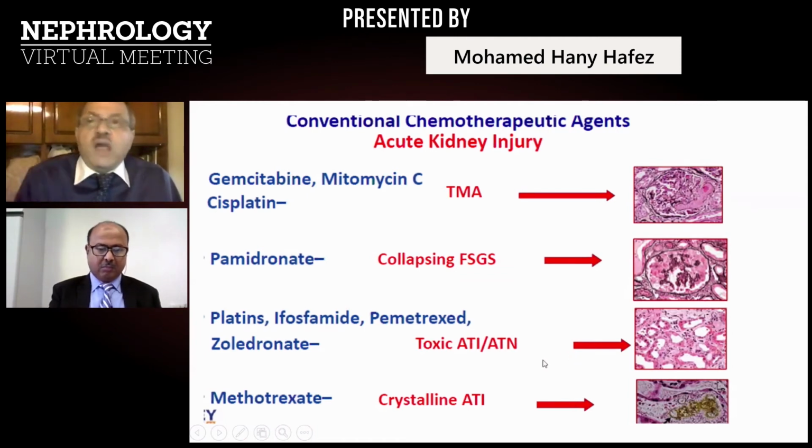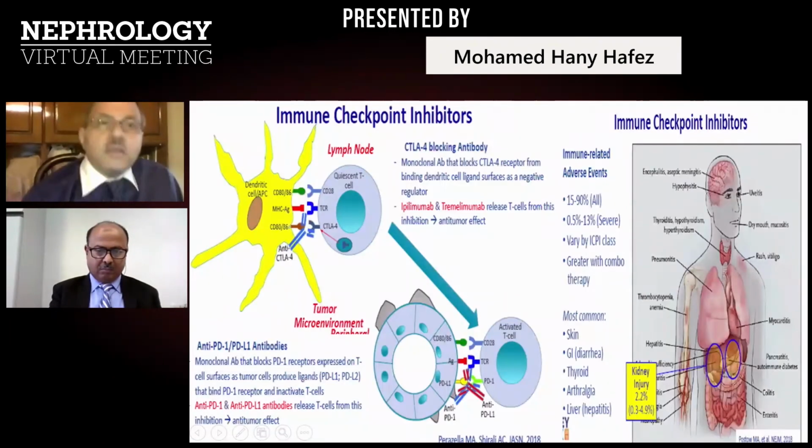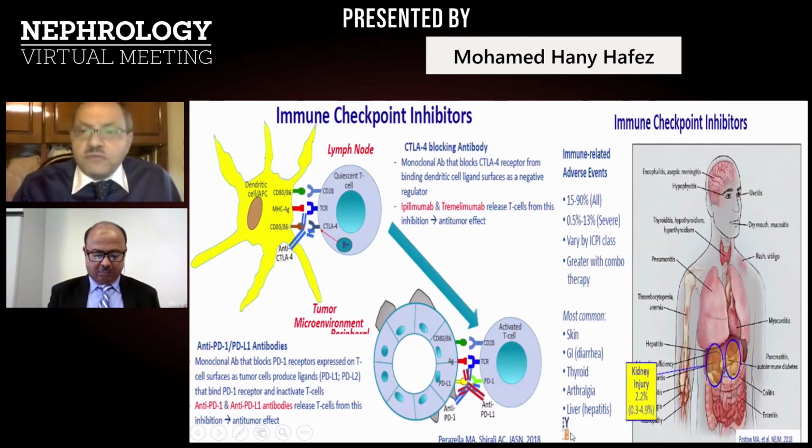And of course, some of our places are using the new medications or what we call the biologicals. And when these biologicals came, we thought that they were away from nephrotoxicity. But unfortunately, the immune checkpoint inhibitors, the CTLA4 and the anti-PD-1 and PD-L1 antibodies, again, they proved to be nephrotoxic and they cause kidney injury in 2.2% of cases, with a percentage reaching up to 5% in some reports.